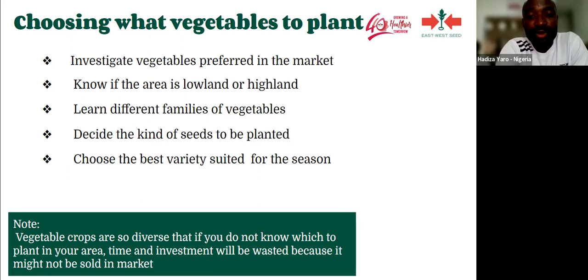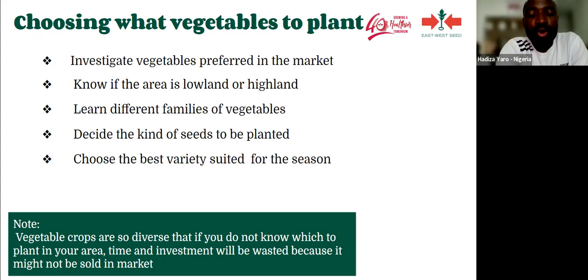In East-West Seed, we have varieties that fit for lowland and also ones that fit for highland. So when you know your area very well, you will be able to decide on what to plant.